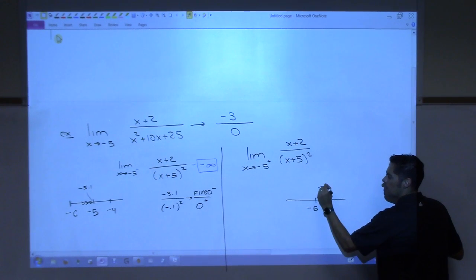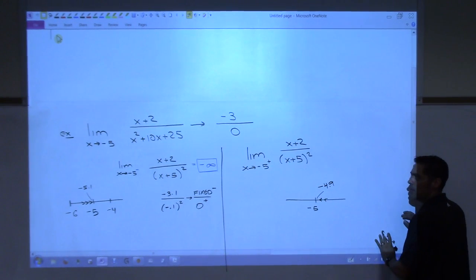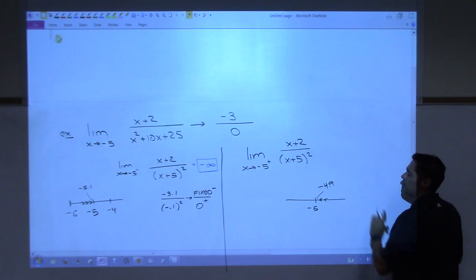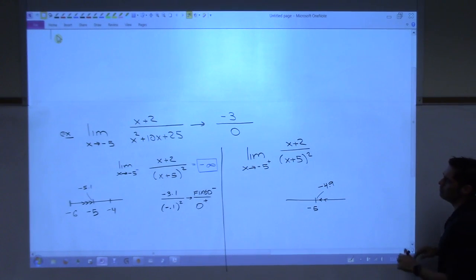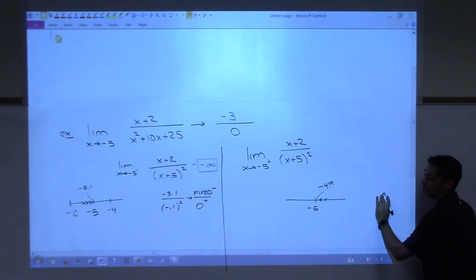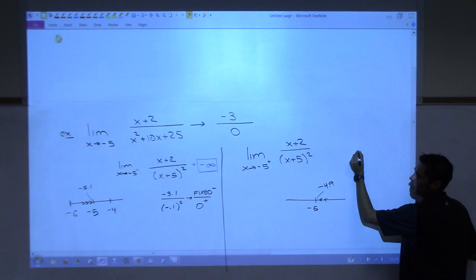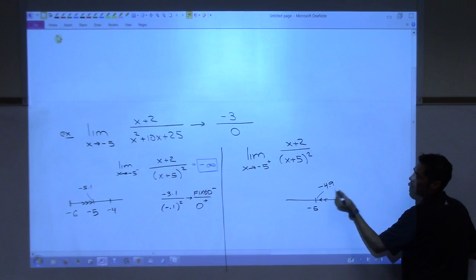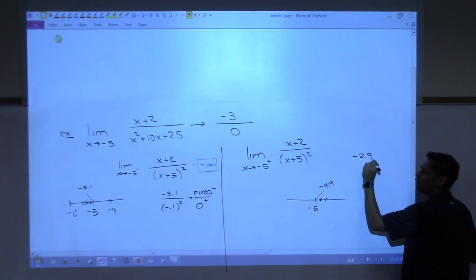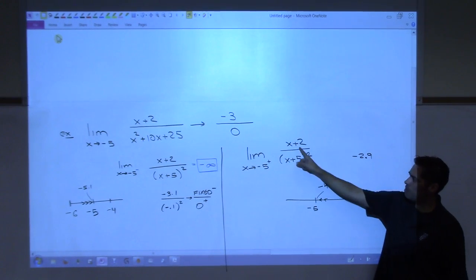Negative 4.9. And I plug that in, the top is going to be really close to negative or positive? Negative 3 is what the top looks like it's getting close to.